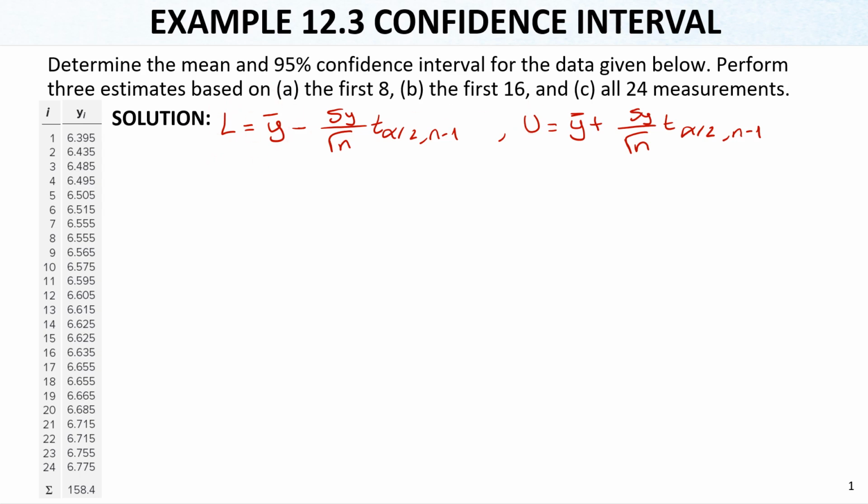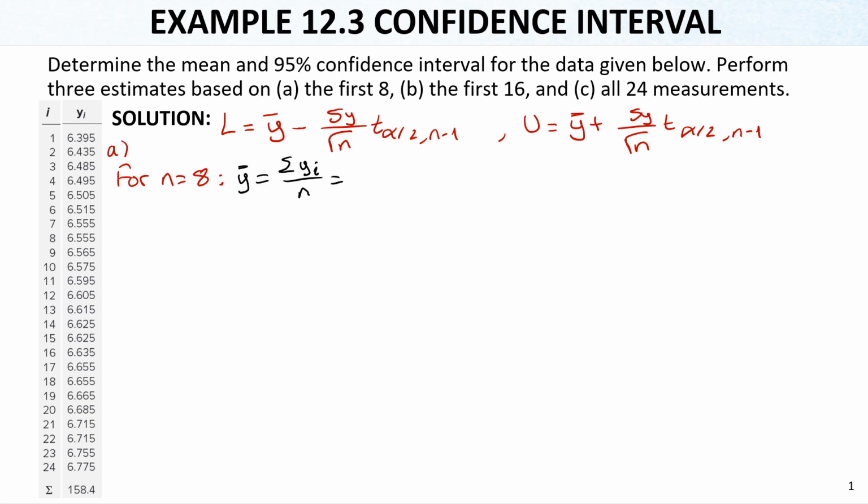Let's calculate the mean first. Initially we will use 8 data, for n equals 8. You know that the mean is just the summation of the data divided by n.